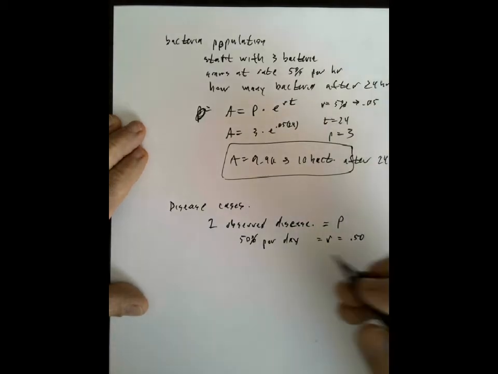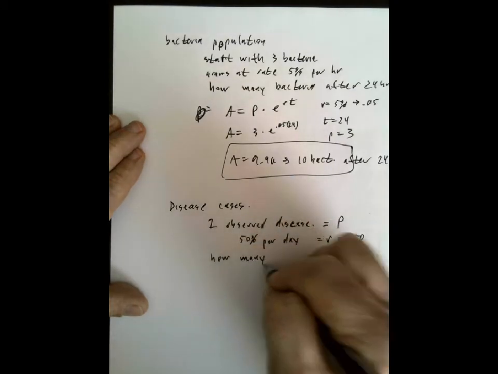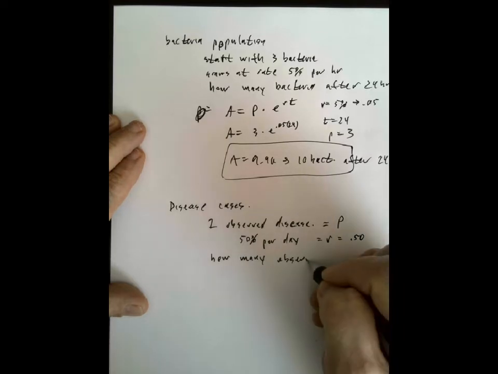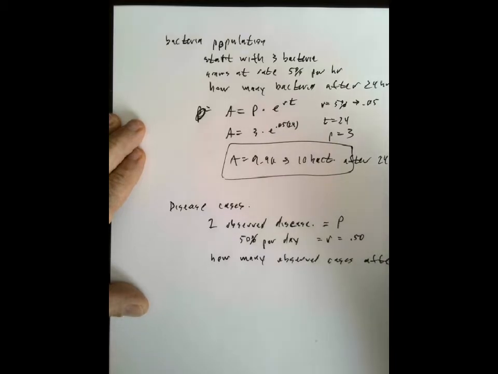So how many observed cases will we see after, let's say, 30 days?